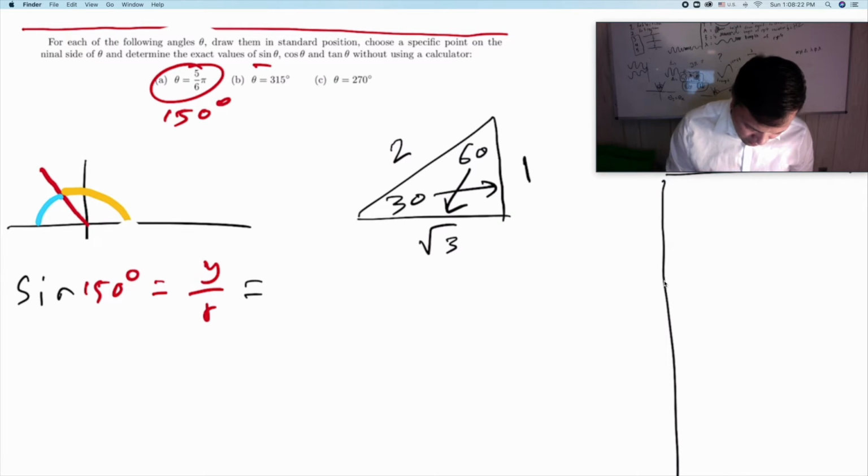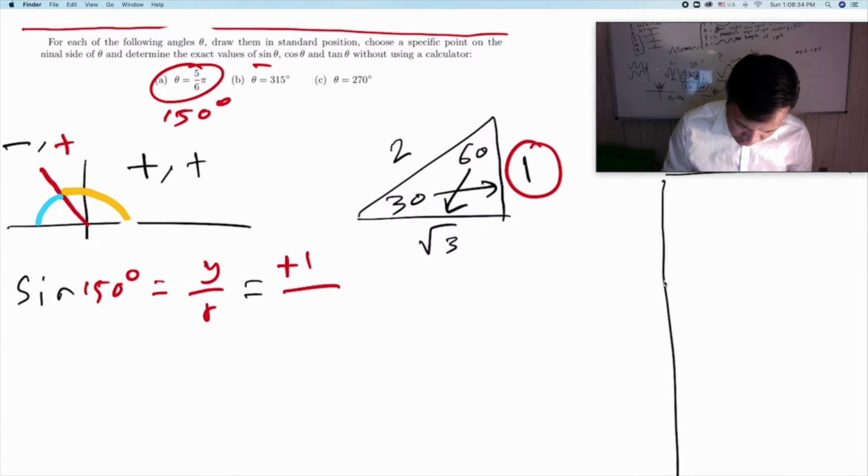Here cosine is positive, sine is positive. Here cosine is negative, but sine is positive. So this is positive, and y is 1, and r is 2. So we got the first one, and sine 150 degrees is half, 1 over 2.